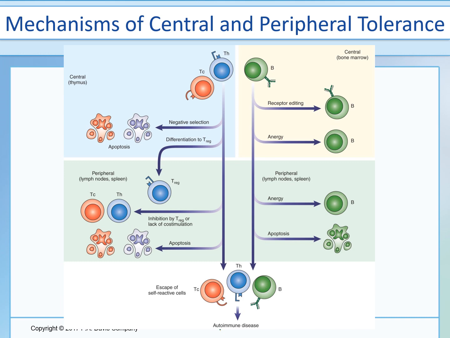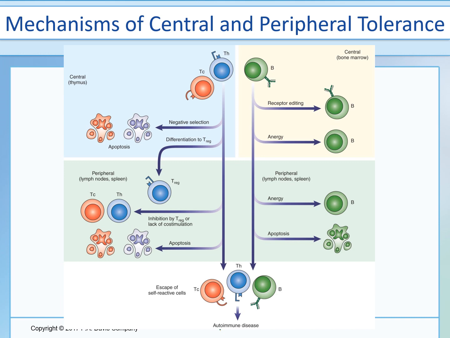So the concept of self-tolerance is a type of immunologic tolerance or a state of immune unresponsiveness, and it's directed against specific antigen. So in this case, it's self-antigen. So in order for self-tolerance to develop over time, lymphocytes need to be trained so they can distinguish between self and foreign antigens. So this takes place at two different levels, central and peripheral.